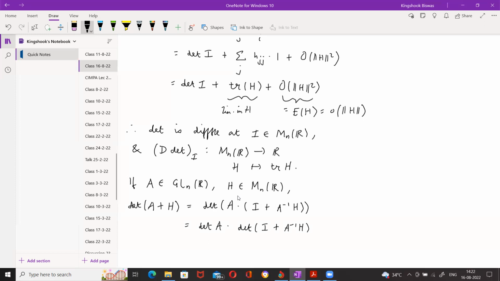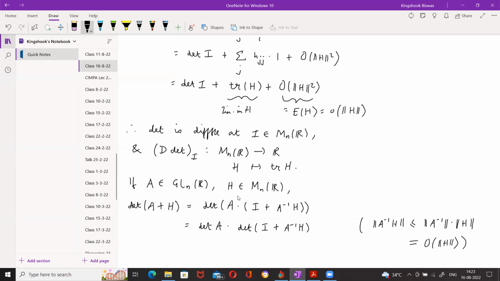And now note that norm of A inverse H, by the properties of the operator norm, is less than or equal to norm A inverse times norm H. So this is a big O of norm H, so it tends to 0 as H tends to 0. So A inverse H is small.